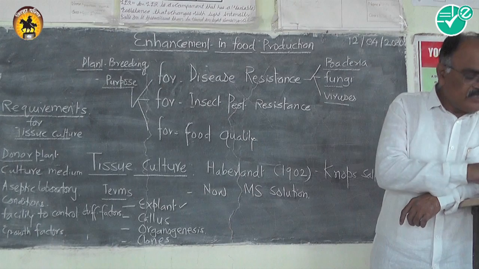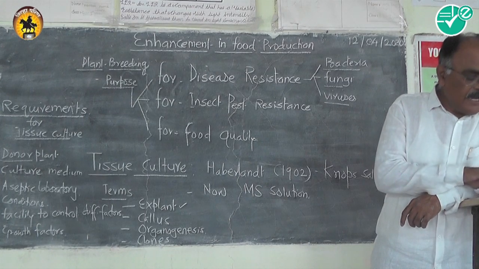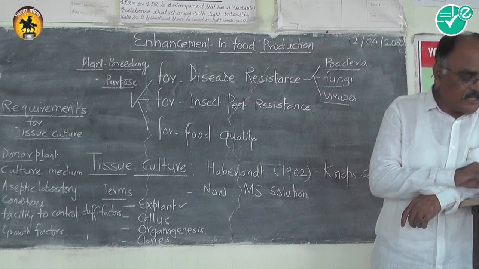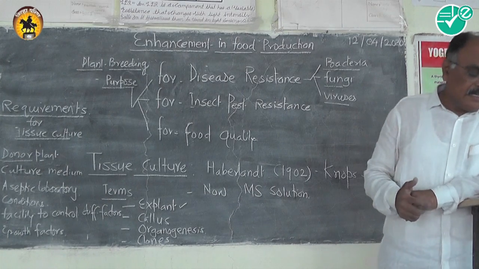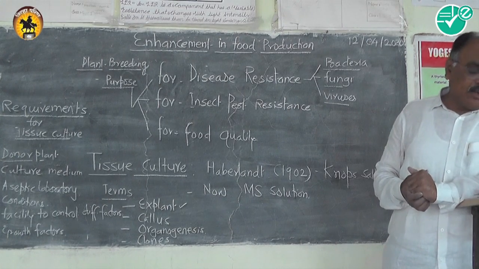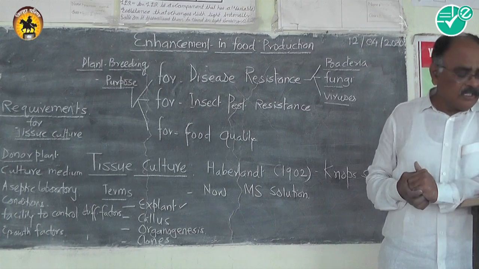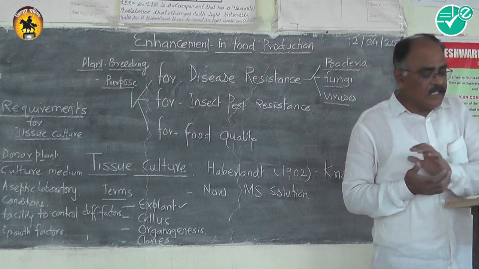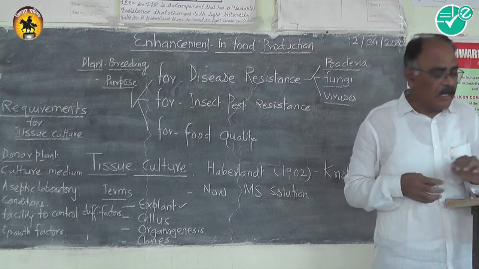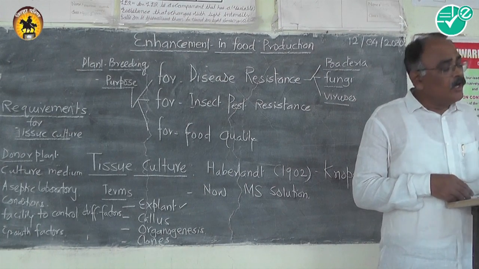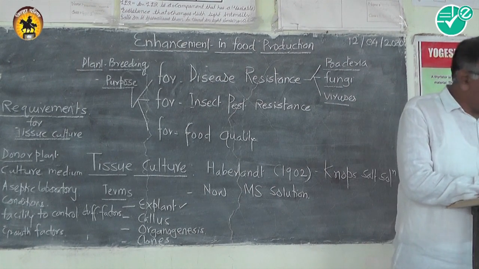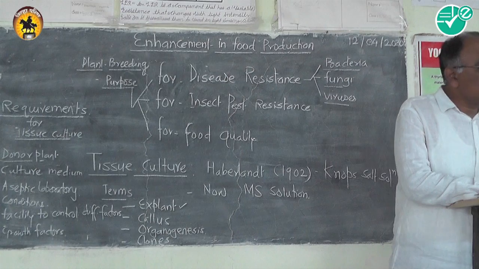In cell suspension culture, the following advantages are there, which we have mentioned. Cells can be cultured on a larger scale. Suspension culture is more or less homogeneous, and the culture does not show differentiation.